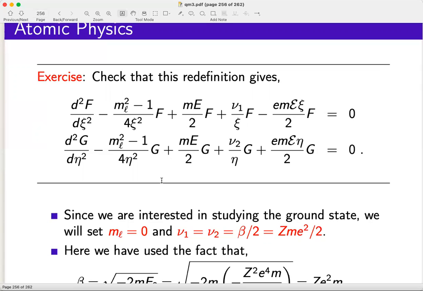But our interest is really in the ground state to start with, and if you do that, then you're looking at ml equal to 0, and nu1 and nu2 equal to beta by 2, which is Z m e squared by 2.